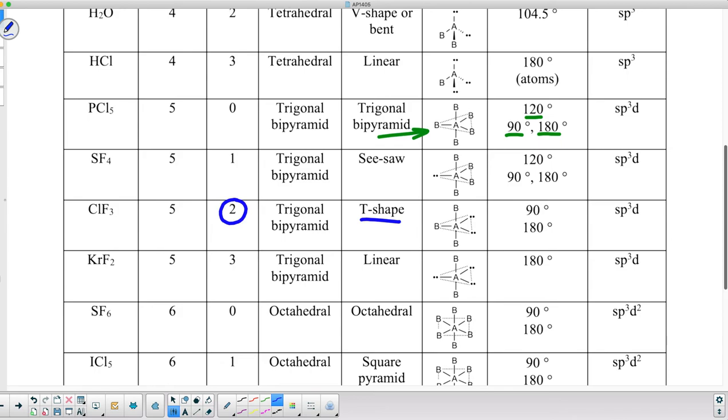T-shaped means that I have lone pairs here, and then I have bonds for the rest of it. That's where the T-shape comes from. So it looks like that. So 5 electron domains, 3 of them bonds and 2 lone pairs. And there's my example, ClF3.